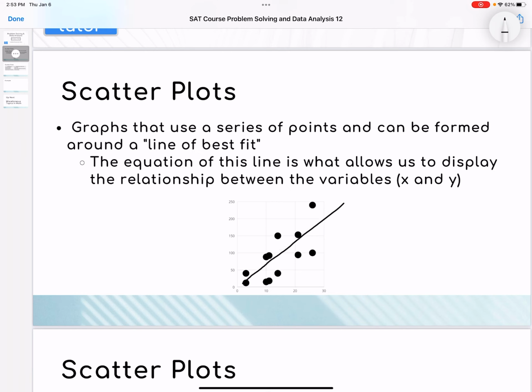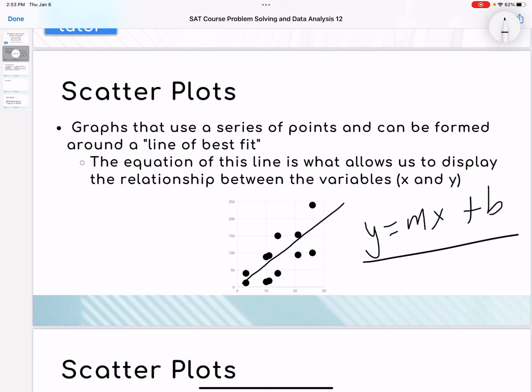It doesn't go through all those points, but it represents these points pretty well. Of course, it's increasing. It's a linear equation, because it's just a line, not a parabola or anything like that. It's also positive because it has a slope that's going upwards. So this would be linear and positive, in the form of y equals mx plus b, the slope-intercept form of a line.